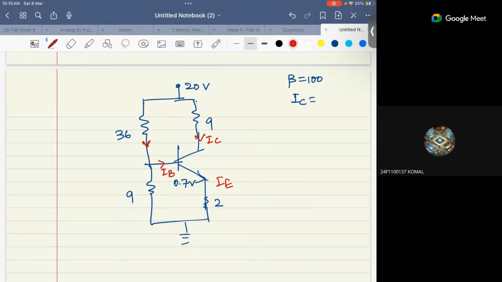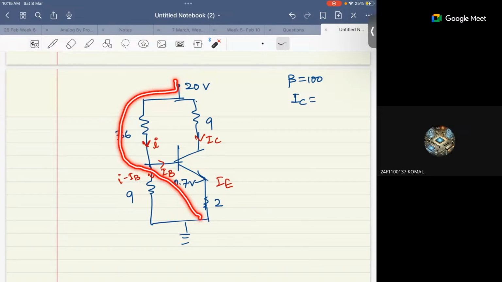Some current I is coming here, and the remaining current will go here, I minus IB. If you come from here, you'll go like this. Or maybe you can do it like this also, no problem in that.